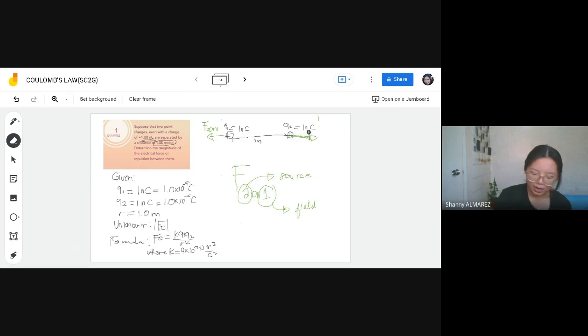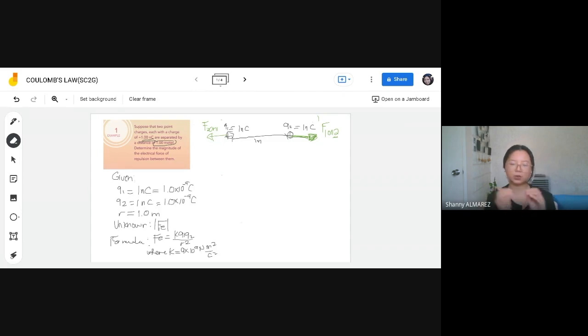This can be written as force of 1 on 2. So yan, tama. Yung huli mong isusulat, yun yung nakaka-experience ng charge. Alright. So if we are to describe these two different forces, their direction is they are opposite. Right? Or they are towards opposite direction.